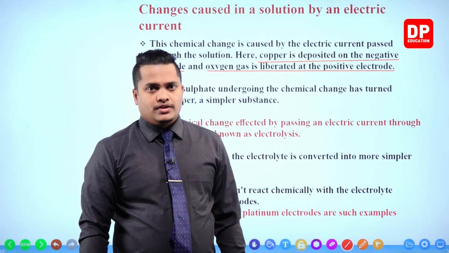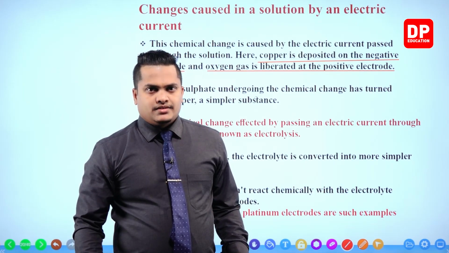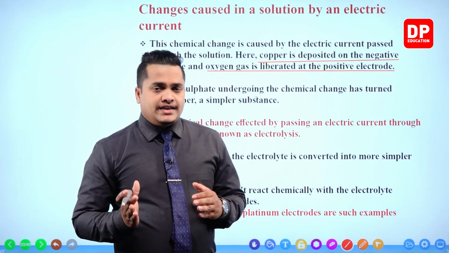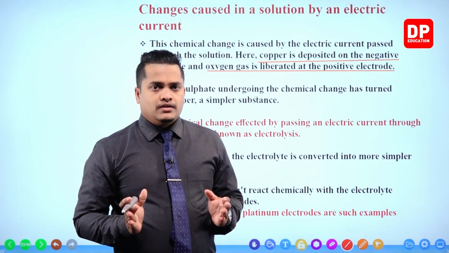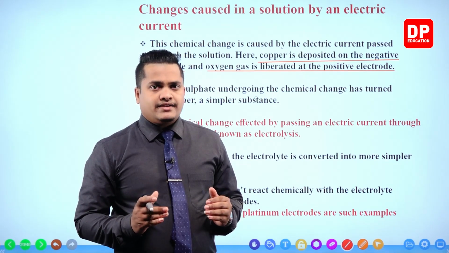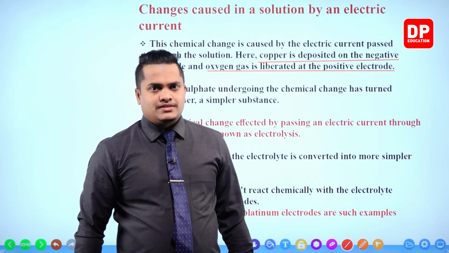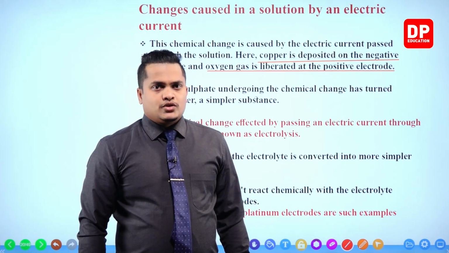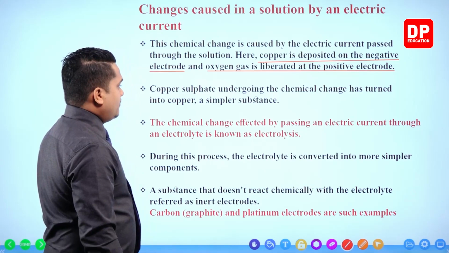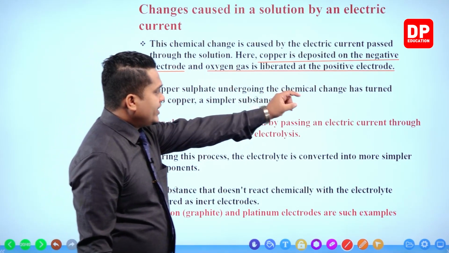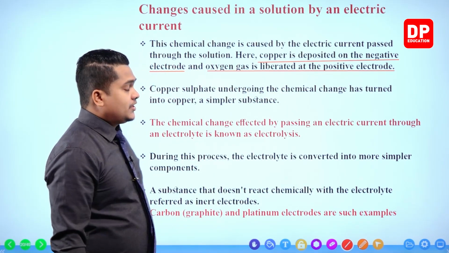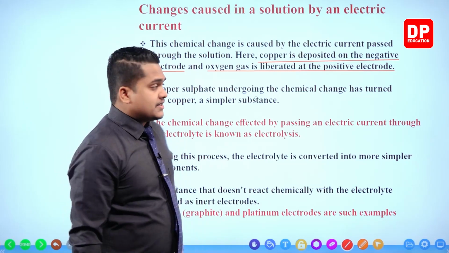So it is a compound, somewhat complex. However, when it is getting converted into copper upon providing electricity, copper sulfate now breaks down into simpler substances. So we can conclude finally, copper sulfate undergoing a chemical change has turned into copper, which is a simpler substance.